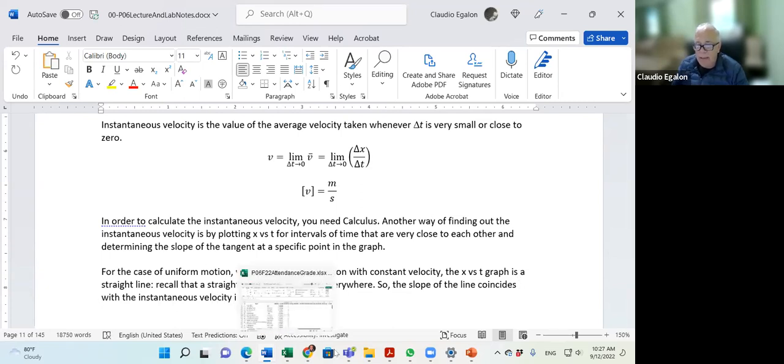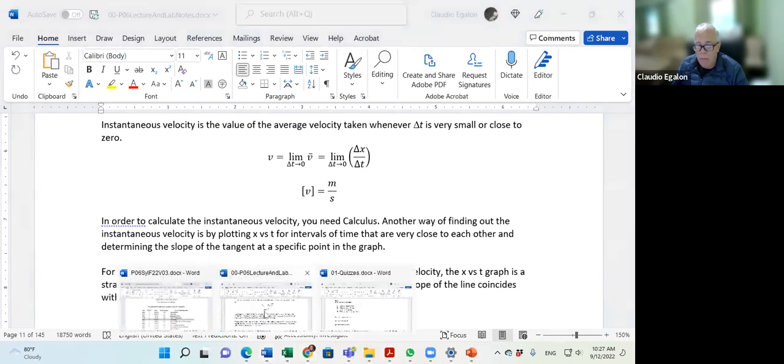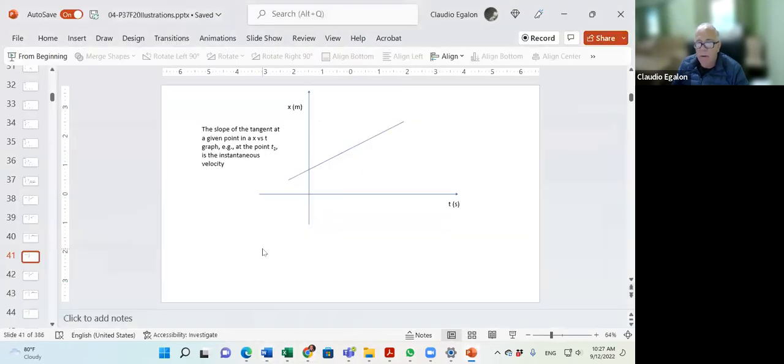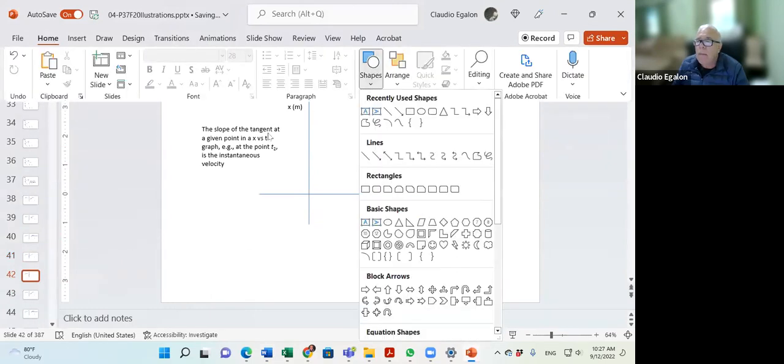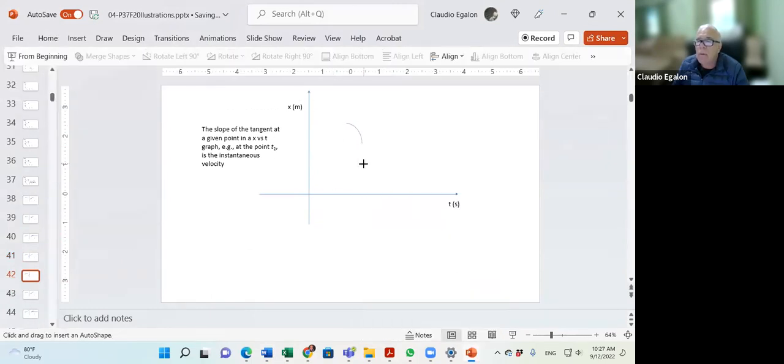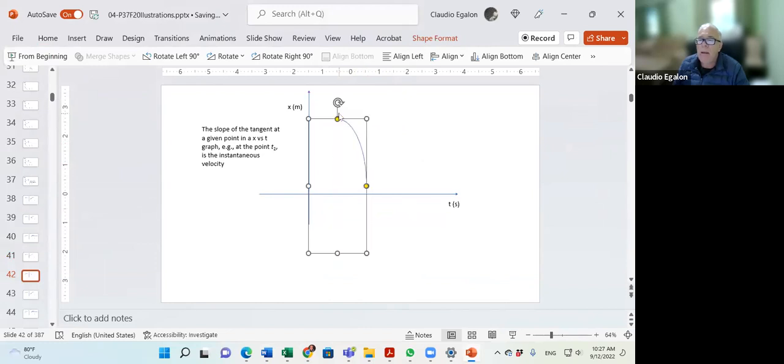But then we have other types of motion as well. We can have types of motion that look like a parabola. We can have this type of motion here.